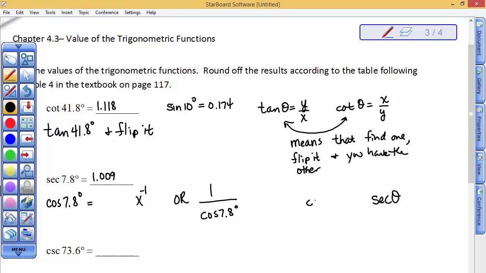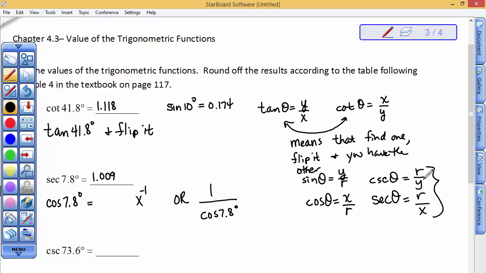Let's talk about this for just a minute for secant and cosecant. Secant of an angle is the reciprocal of cosine, and cosecant of an angle is the reciprocal of sine. Since sine is defined as y over r, cosecant is r over y, and since cosine is defined as x over r, secant is r over x.